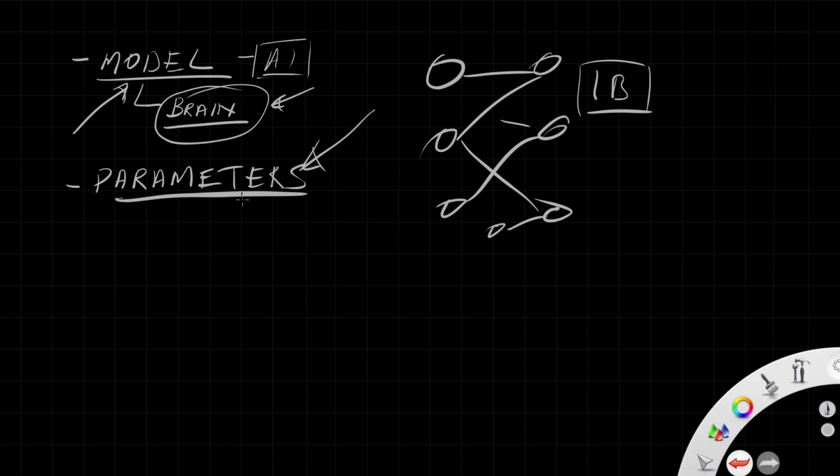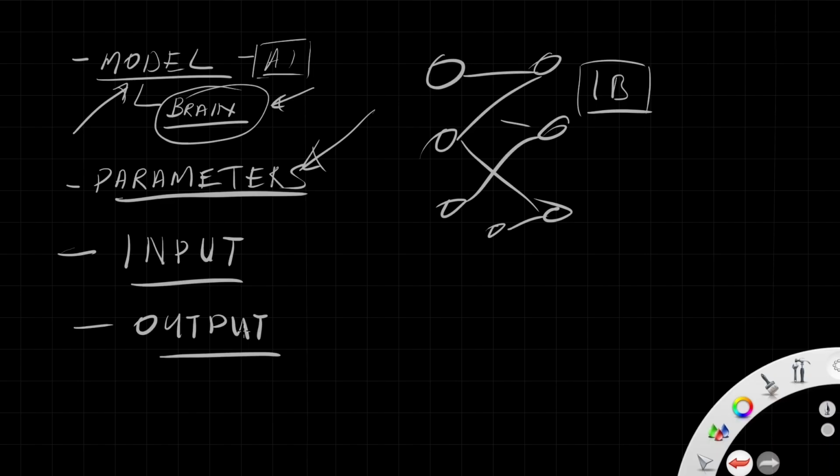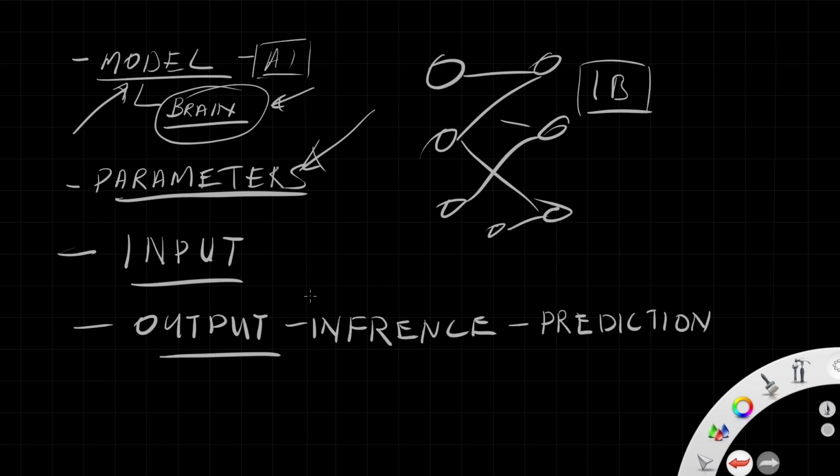The next item I would like to discuss is input. Input is the data which we are giving to the AI, and the output is also called inference or prediction. For example, we give an input text to an AI and it predicts the output. We'll see that shortly. These are the terms we normally use.